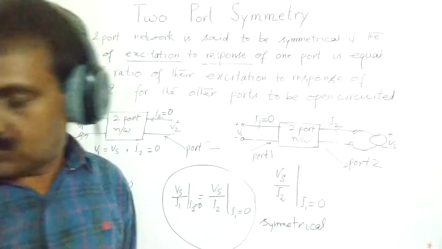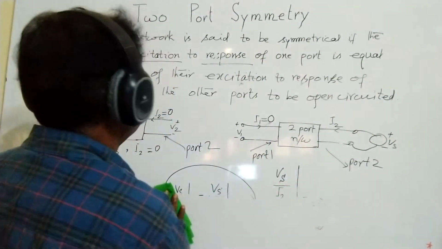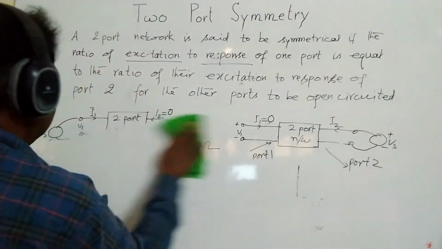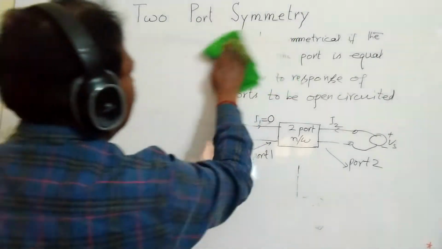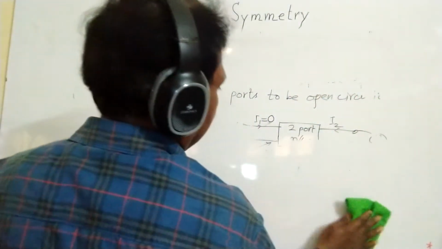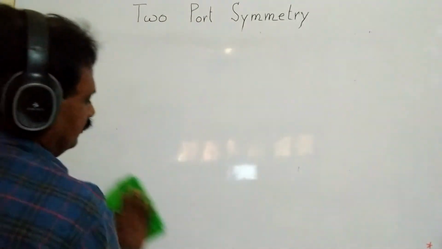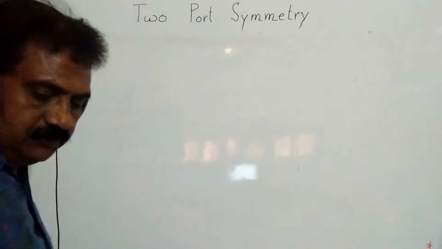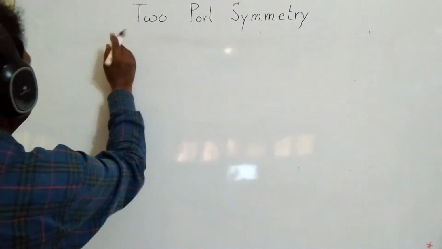Okay, now let us see the two-port symmetry in Z parameters. What is the condition for two-port symmetry for open circuit impedance parameters?